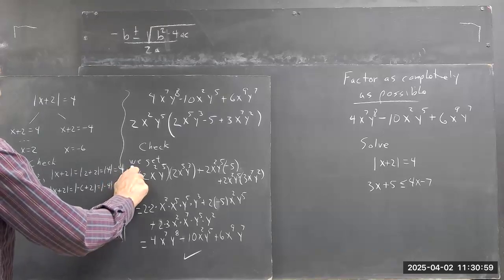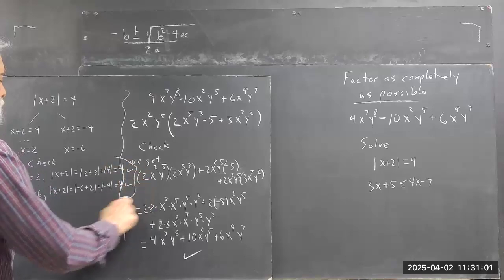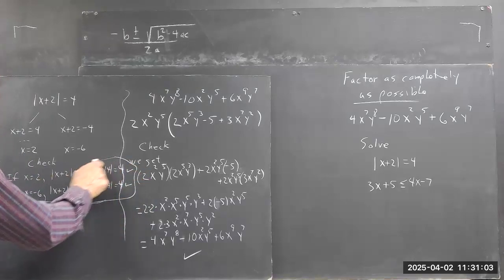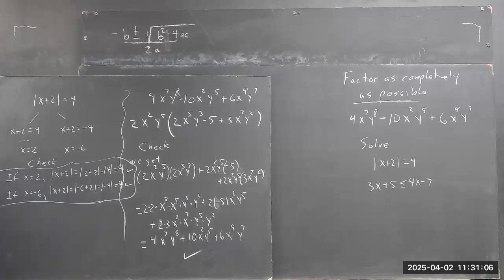So this checks and this checks. So we're sure we have the right solution. And we're sure we have all the right solutions, because if x plus two is anything but four or negative four, its absolute value isn't four. Okay? Make sense?